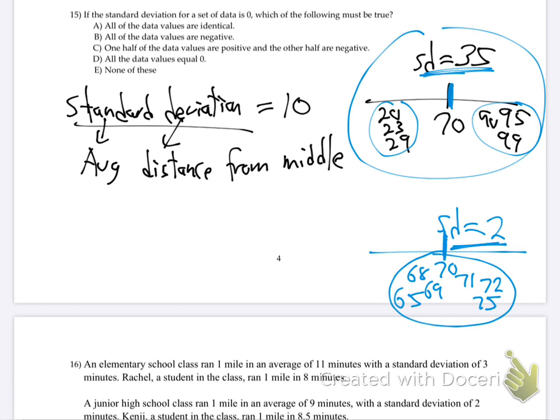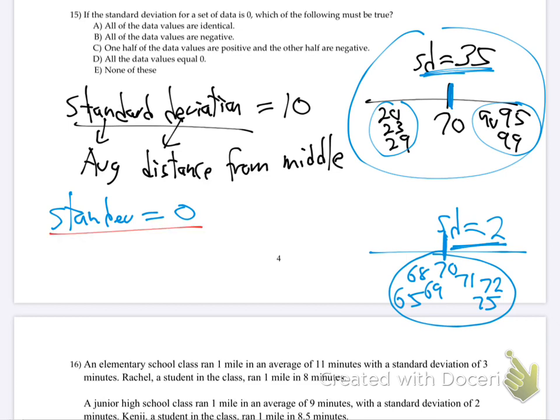Nobody aced it, nobody bombed it. In fact, they're all real tight together, aren't they? So they have very little deviation from each other. The standard deviation, the average amount of deviation, is very low. So that's what standard deviation is. Average distance from the middle. So, okay, what does it mean then if standard deviation is 0?